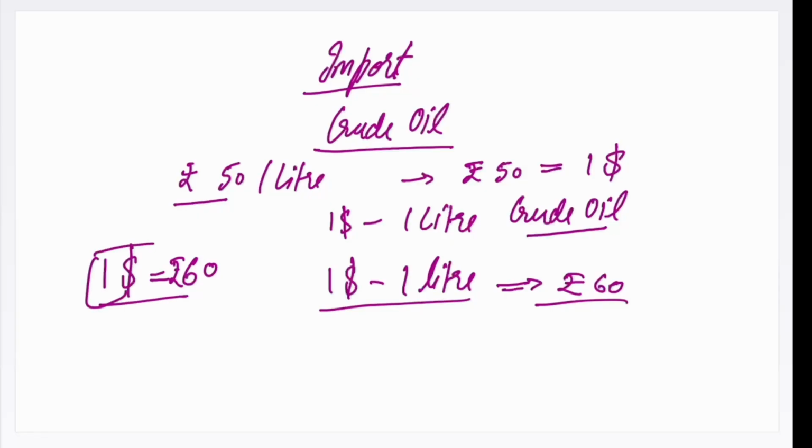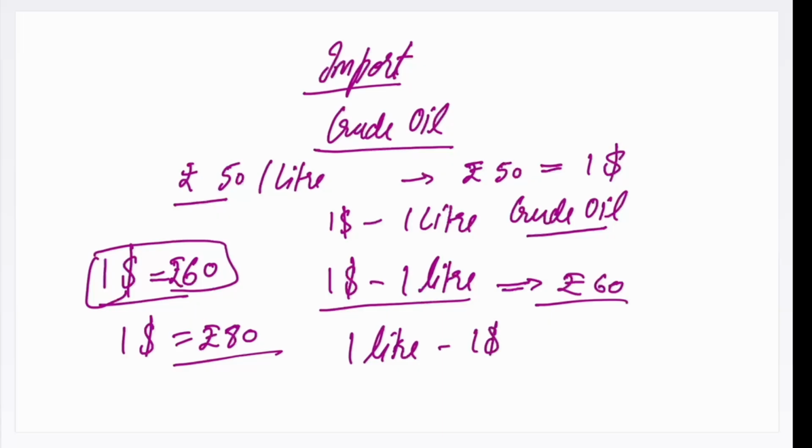because the currency has depreciated. If it has gone to $1 being worth rupees 80, this 1 liter of crude oil will cost $1, which will be equal to rupees 80. Now see the difference that has happened because of this.